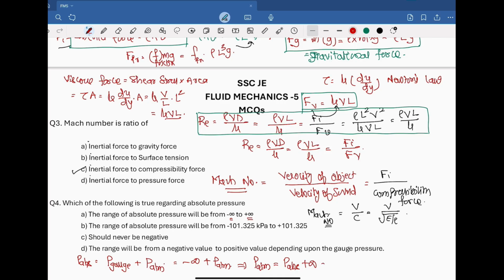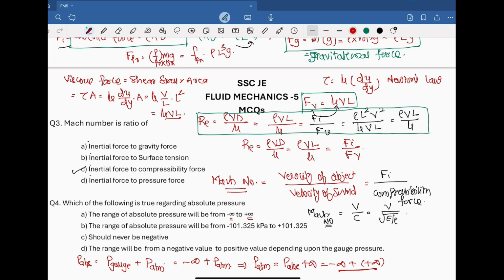Then minus infinity plus infinity is non-determinant. Infinity adding to infinity, or infinity multiplied by infinity, can be infinity.